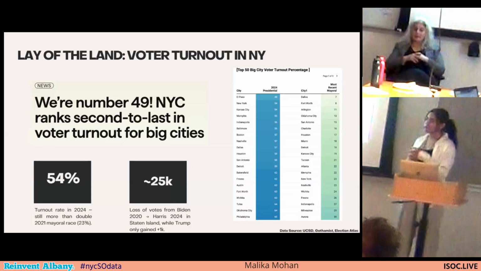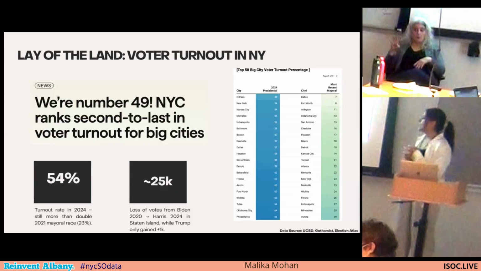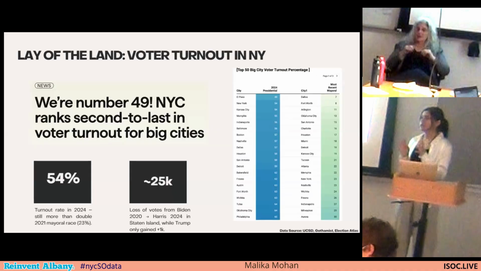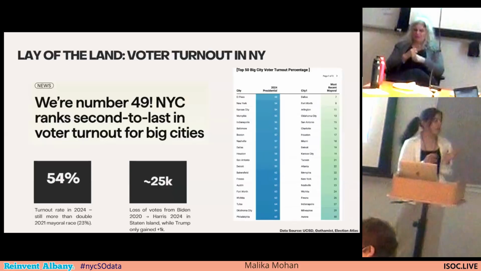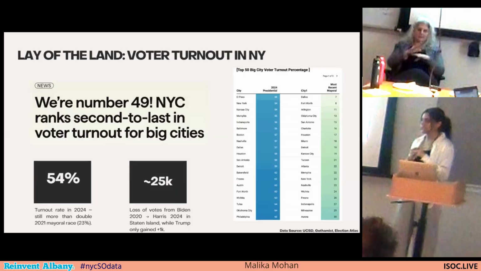In 2024, New York City's turnout rate was 54%. This was still more than double the 2021 mayoral race, which was 23%. Notably, New York does have odd year elections, which Jen will dive a little deeper into, on how that may contribute to lower voter turnout in those years.